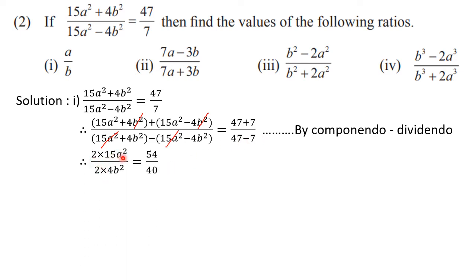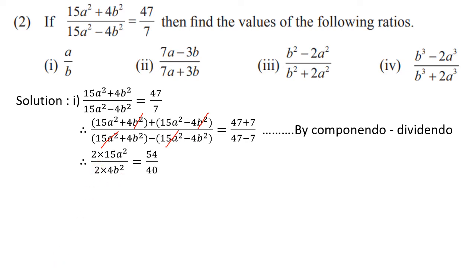So you will get the answer like this. 2 into 15a². Now some of you will write 15 plus 15, 30a². Then also you are right. Okay. And 4 plus 4, 8b² you can write. No doubt. But here to make the things simpler or to make the calculations easier, I have written in this way. 2 into 15a² and 2 into 4b².